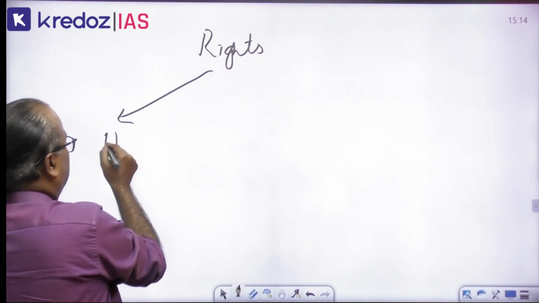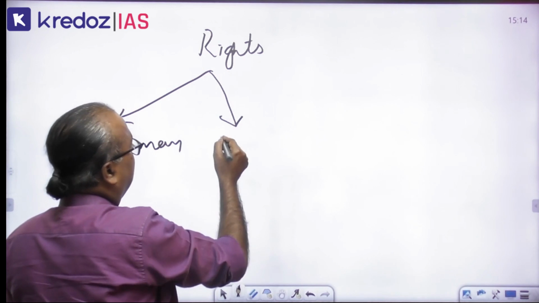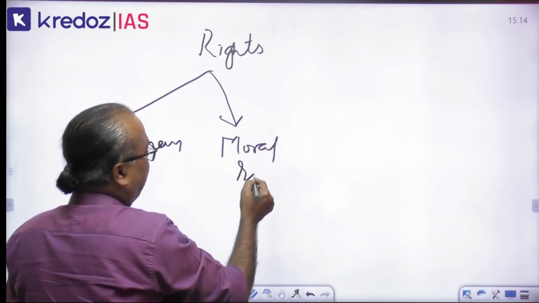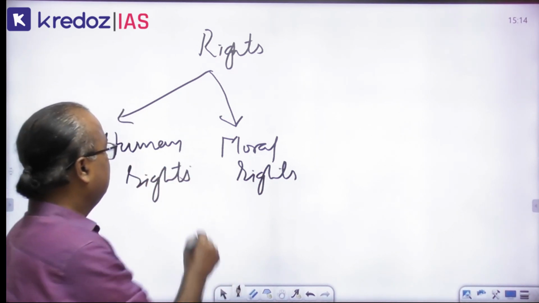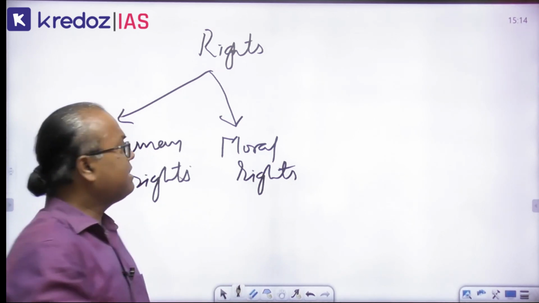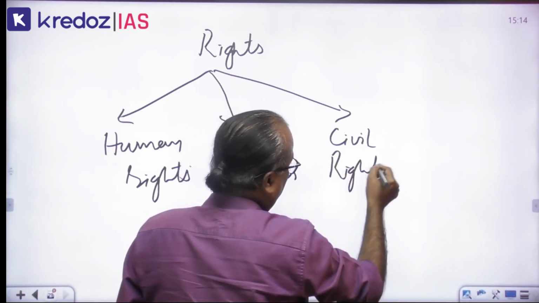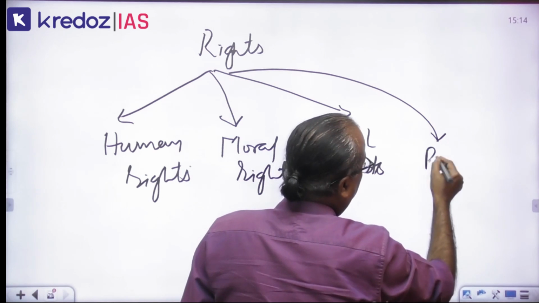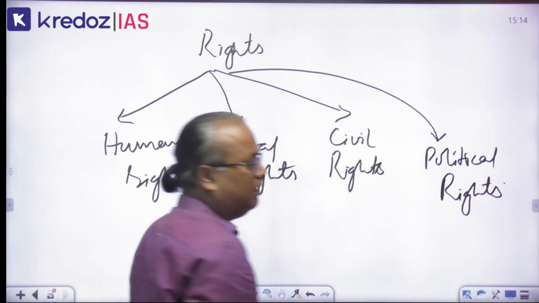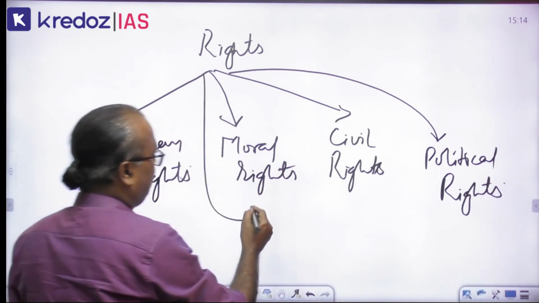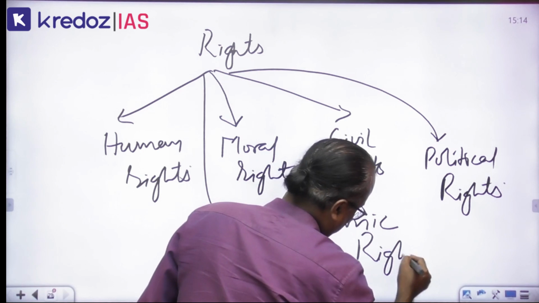At first we will go for human rights, then moral rights, then civil rights, political rights, and then economic rights.